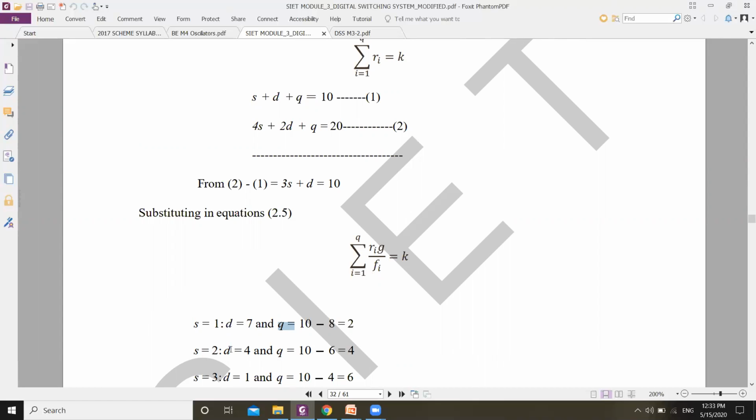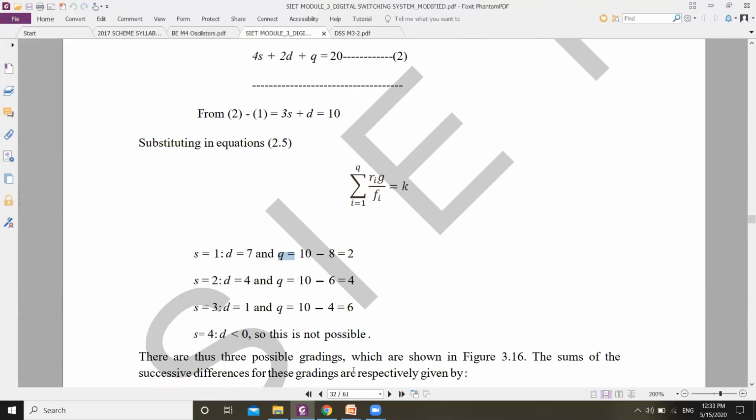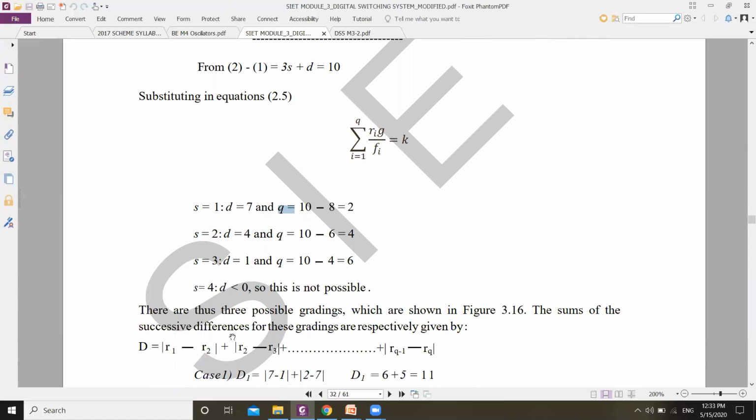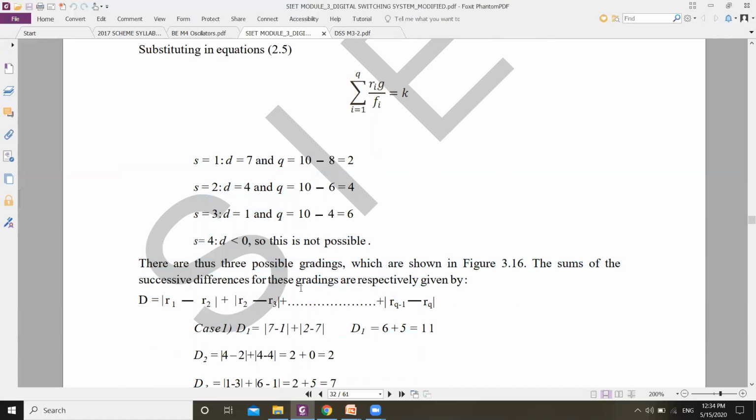If S is 2 and D is 4, then 2 plus 4 is 6, sent to that side, 10 minus 6 is 4. Similarly, if S is 3 and D is 1, we get Q value as 6. If we take S value more than this, 4, and D less than 1, it is not a possible option. So it is not possible, so we leave this.